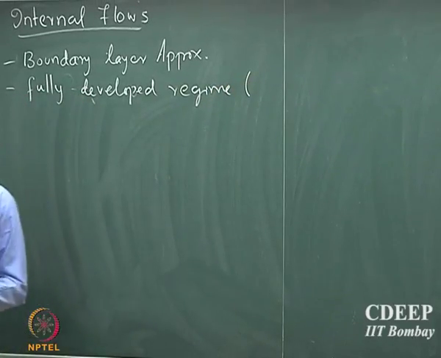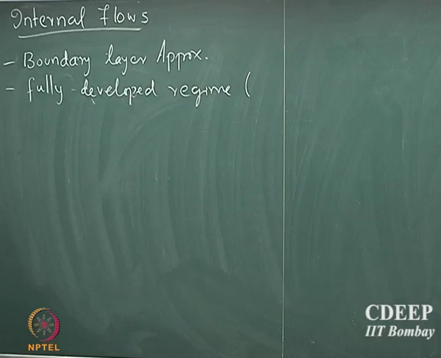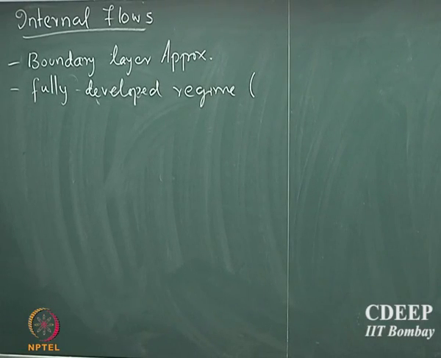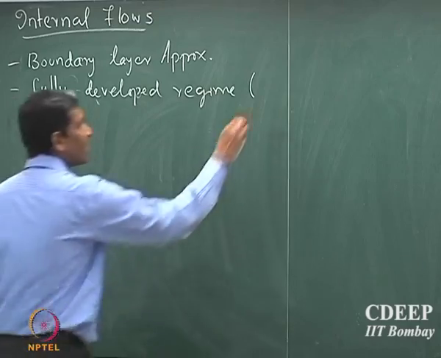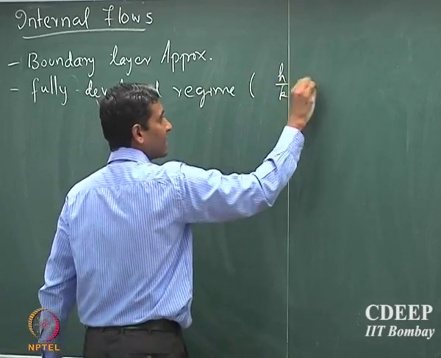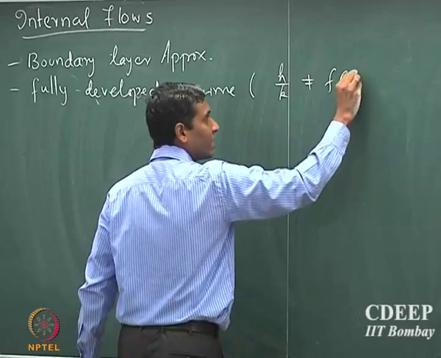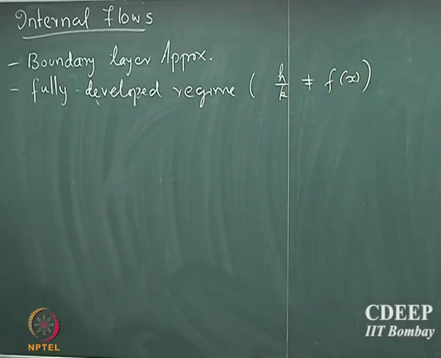What is the nature of the heat transport coefficient in the fully developed regime? It does not vary. So h by k is not a function of the axial position. Okay.